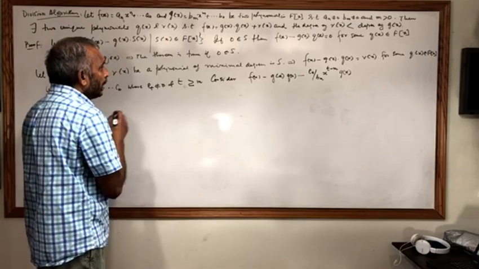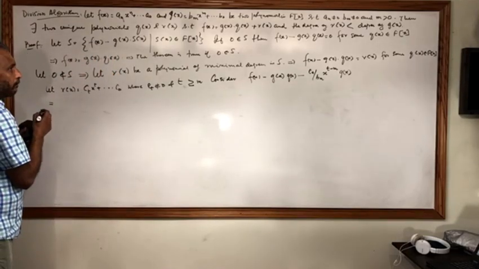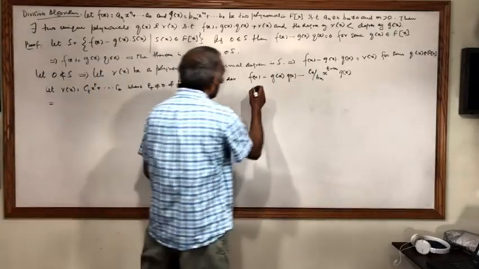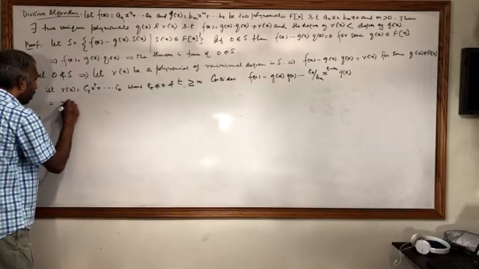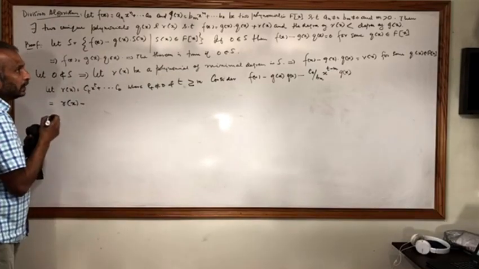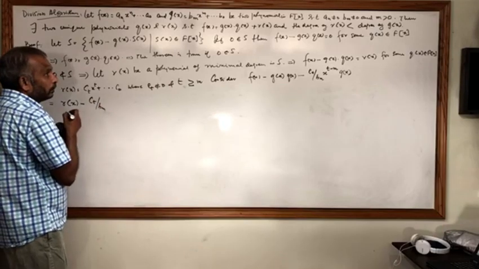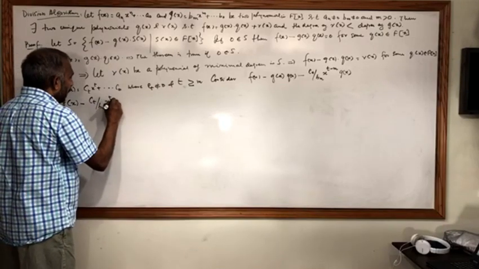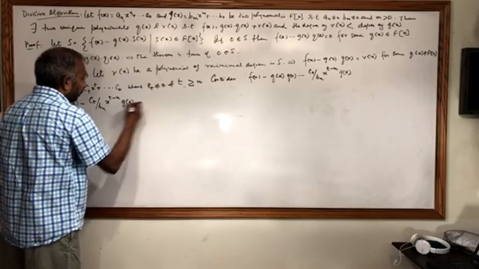Okay, and that is equal to f of x minus g of x times q of x. This is actually r of x minus ct by bm x to the power of t minus m times g of x.